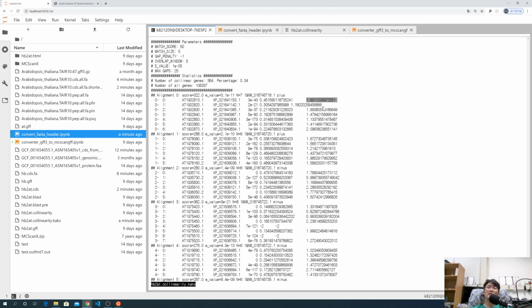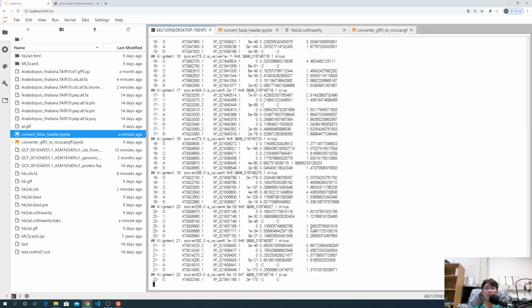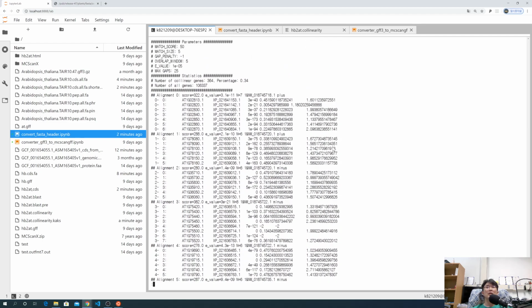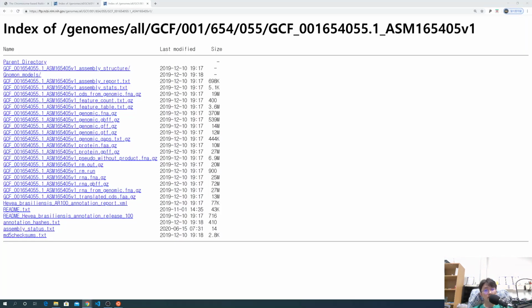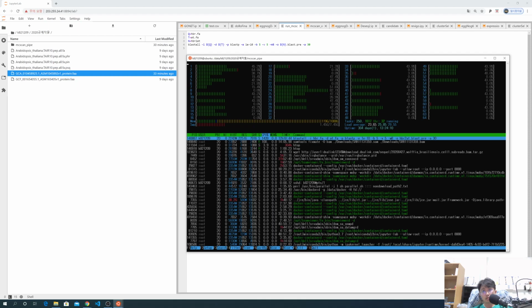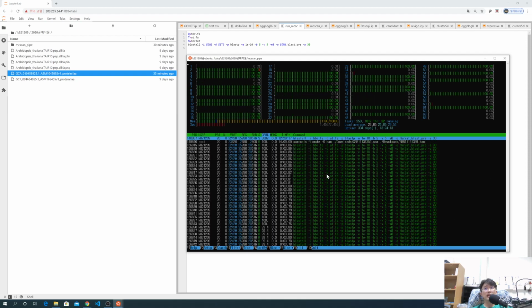So Ks can be regarded as time. So the time is very large between these two species. Okay. So this is the thing. Maybe next time I will bring this BLAST result.